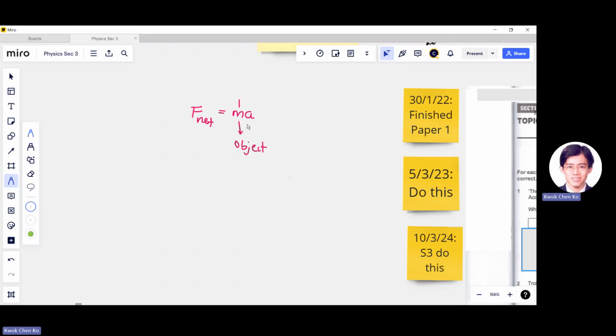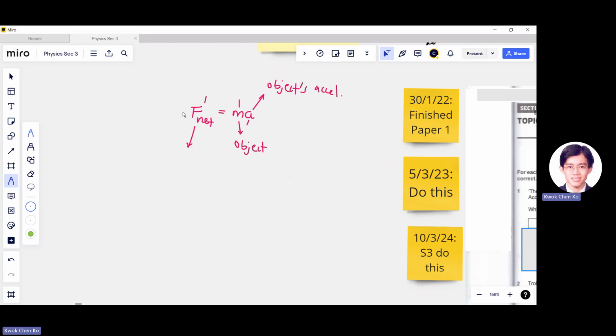Likewise, acceleration refers to the object's acceleration. And it goes without saying, you have to be clear in your question what the object of interest is.